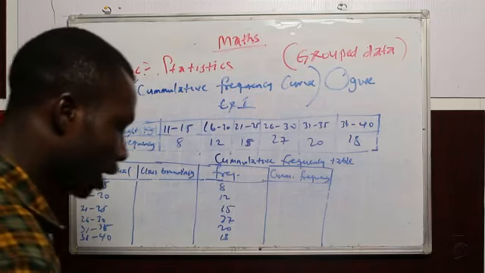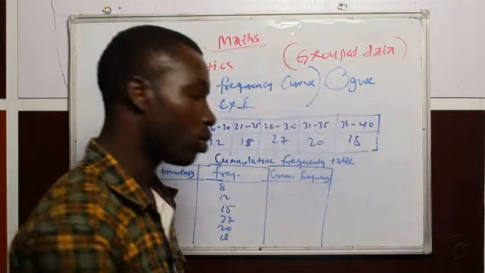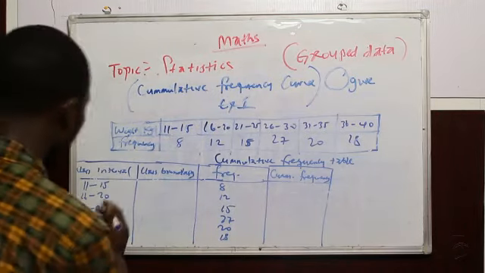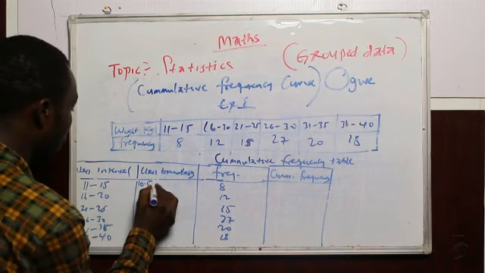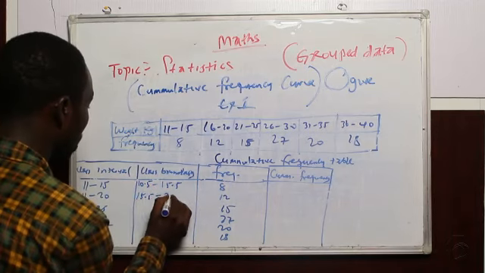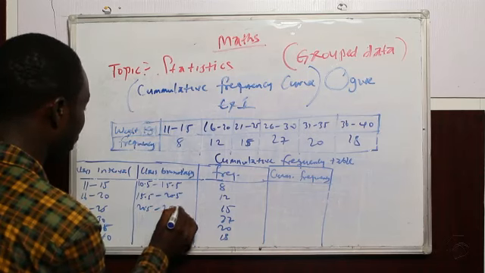Now, the class boundary, I told you earlier on, how do we find class boundary? We have the upper class boundary and lower class boundary. You deduct 0.5 from the lower class limit and you add it to the upper class limit. Here is 10.5 to 15.5. Here is 15.5 to 20.5. Here is 20.5 to 25.5.